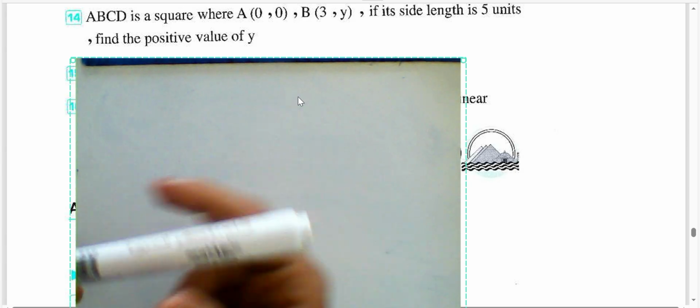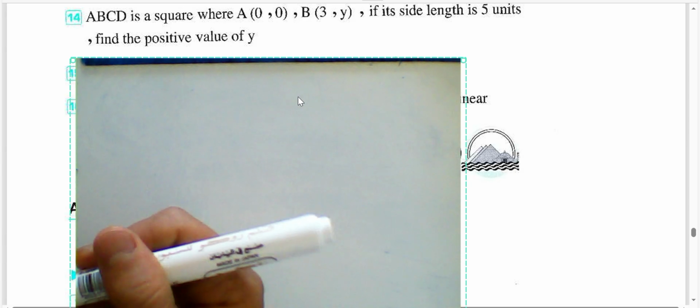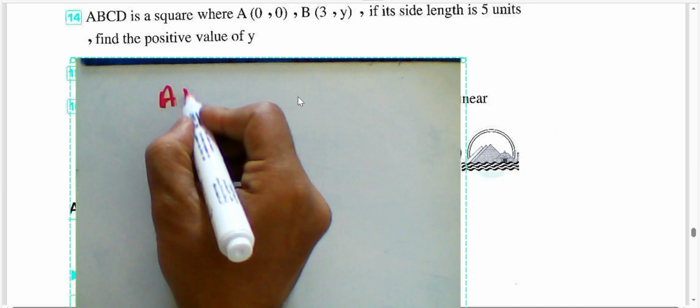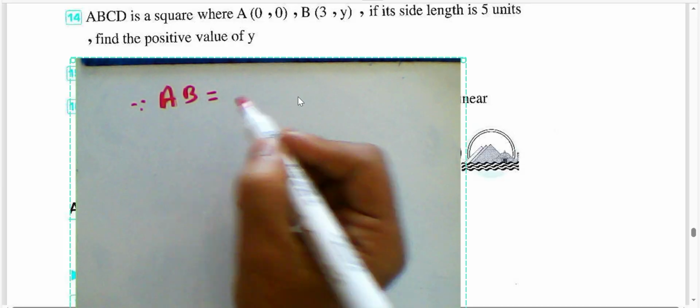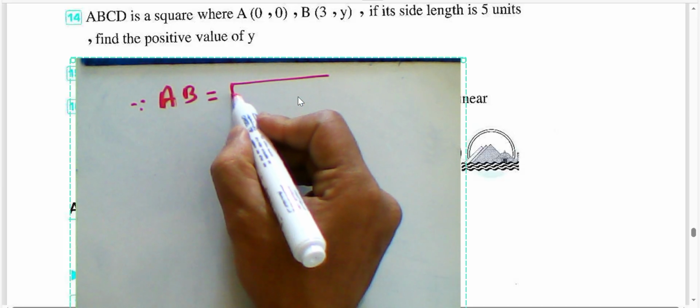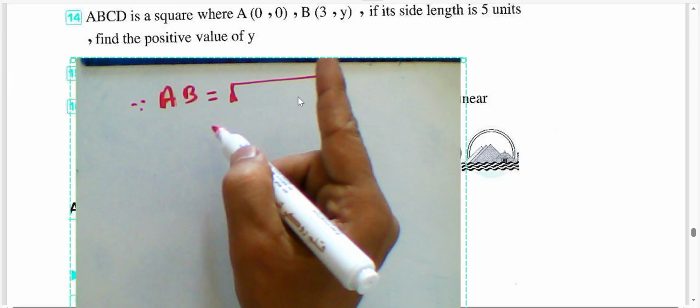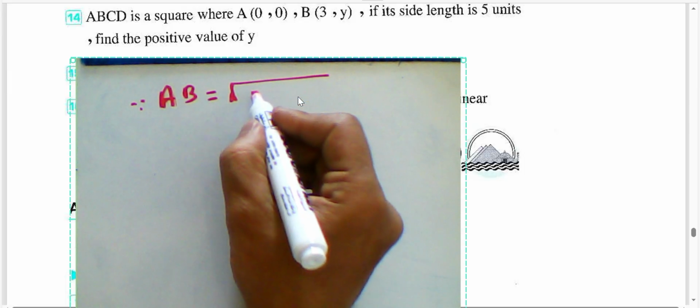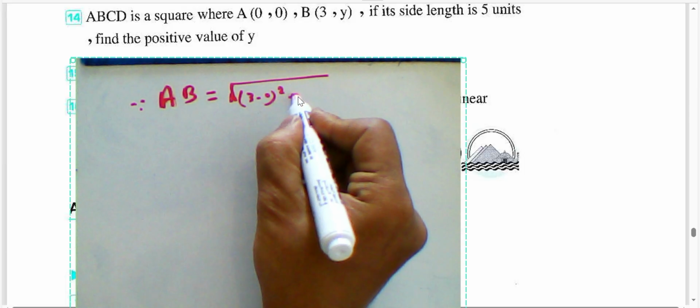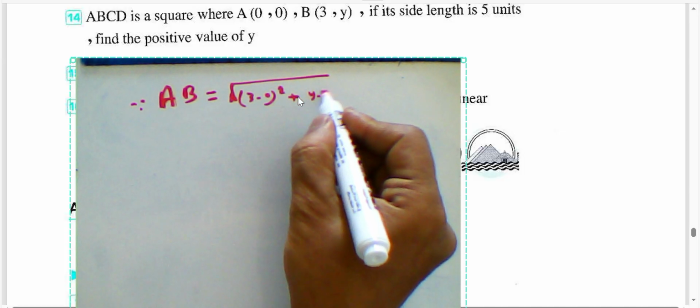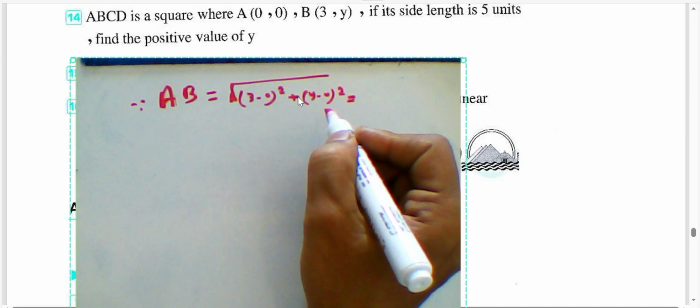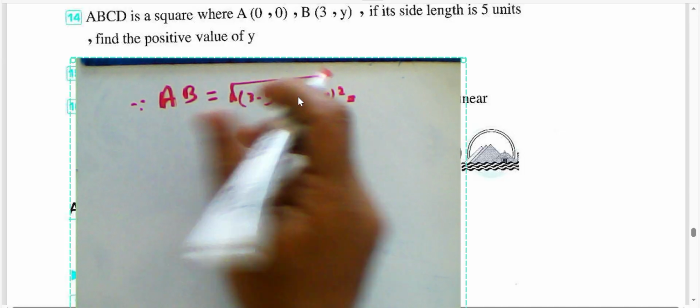Find the rule. Okay, put the answer by using the rule. We know AB, the side length of the square, equals square root of (3 minus 0) power 2 and (y minus 0) power 2. He gives me the length of AB, 5 units.